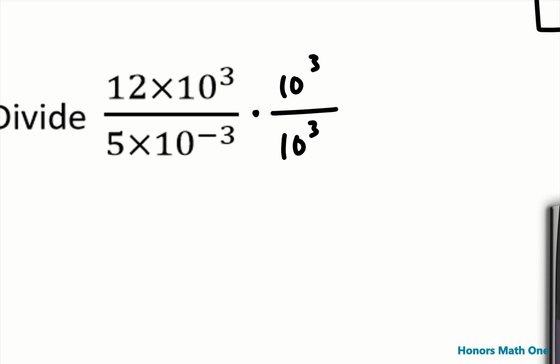So in my numerator now I've got 12 times 10 to the sixth power, and in the denominator I just have 5 times 10 to the 0, which is 5 times 1, which is just 5.